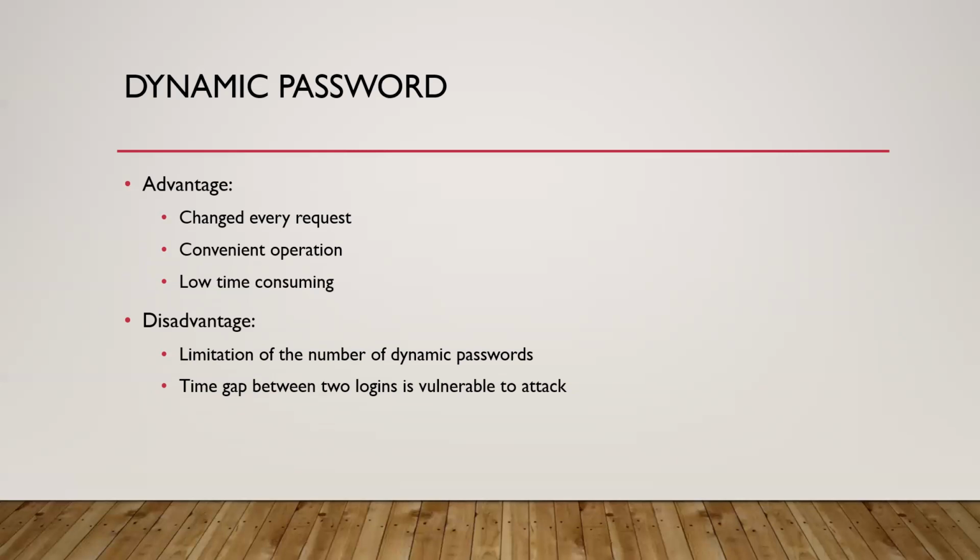And under normal situations, there is a certain time interval between two logins of the user. If the attackers speculate based on several dynamic passwords, or use other methods to obtain the dynamic password for the next login, the attackers can successfully attack by pretending to be the user before the user logs in the next time.